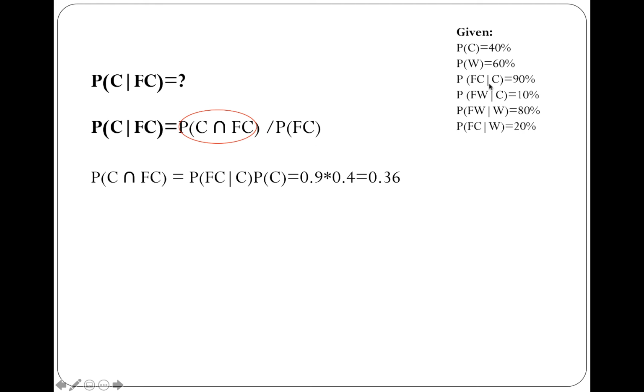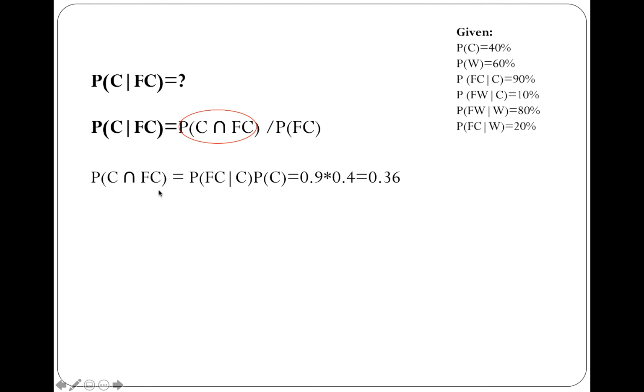Because the probability of FC conditional on C is something that the problem statement has given to me, so I can calculate the probability of this intersection. Right now, the probability of FC conditional on C is something that I have from the problem statement, that's 0.9, and then the probability that it's going to be cold is 0.4, and that gives me 0.36 as the probability of C intersection FC.